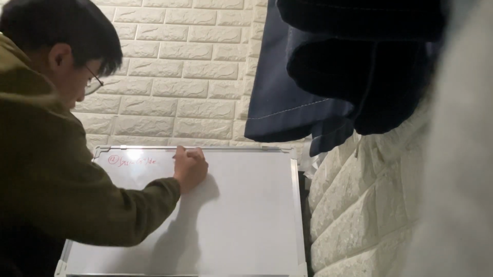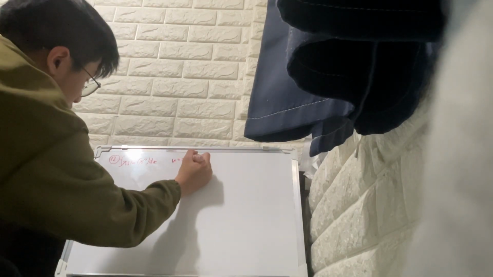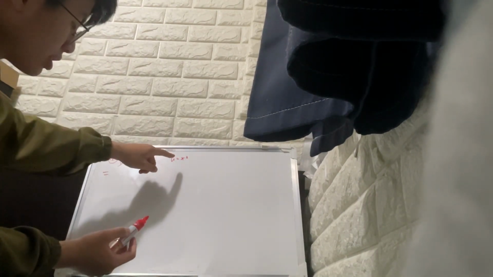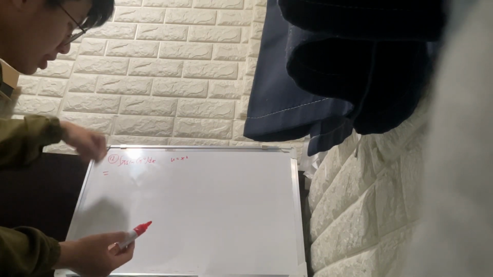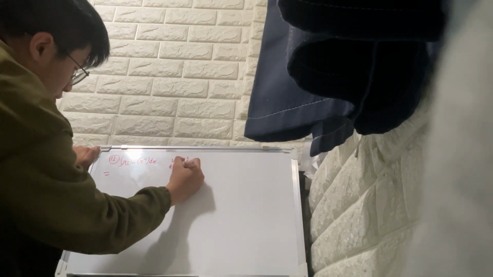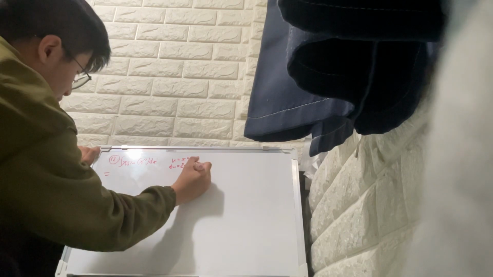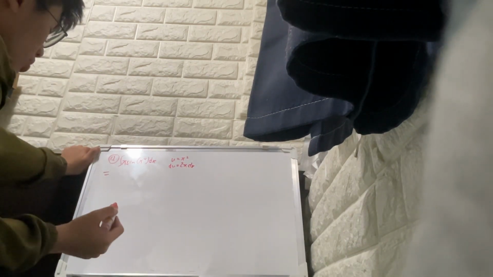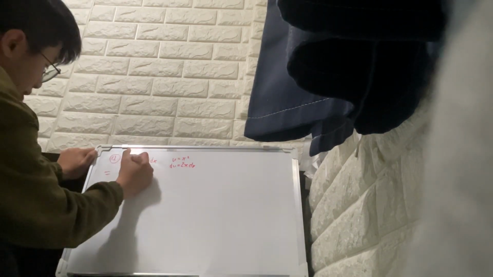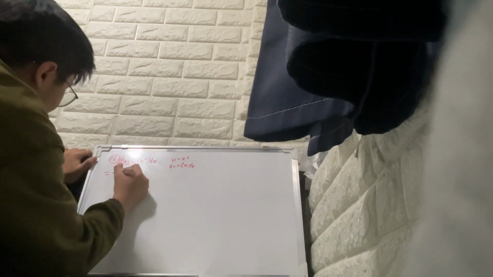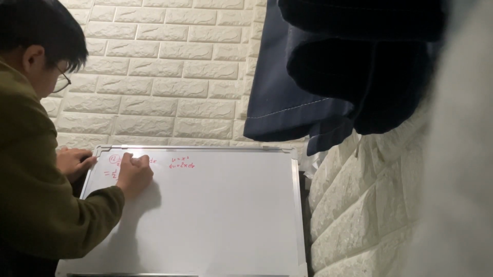What should we do? Yes, we let u equal x squared. If we differentiate this, you will get 2x, so du is just equal to 2x dx. And then here, we don't have a 2x, so let me just give it a 2 and then multiply by 1/2.